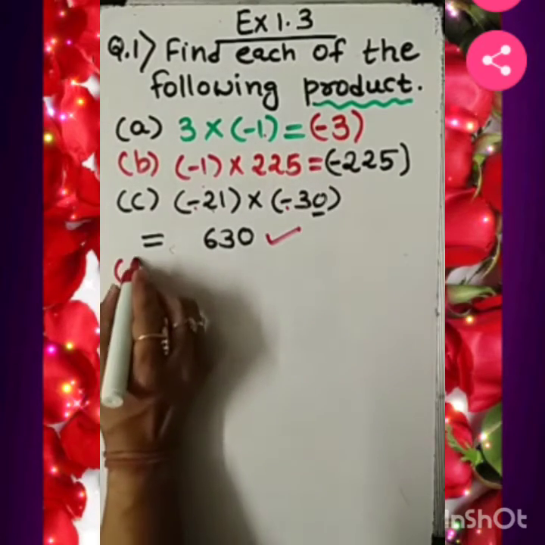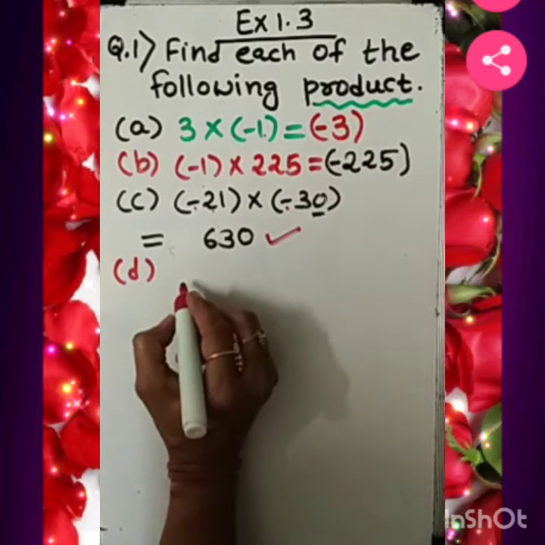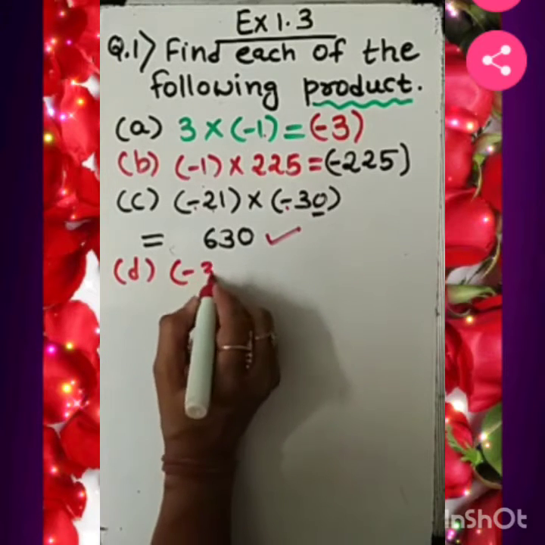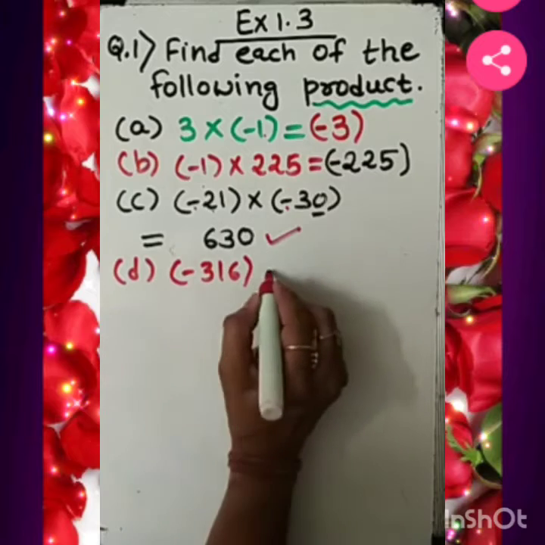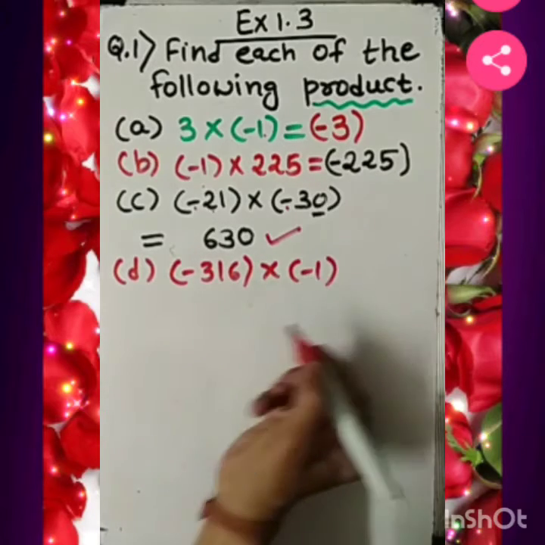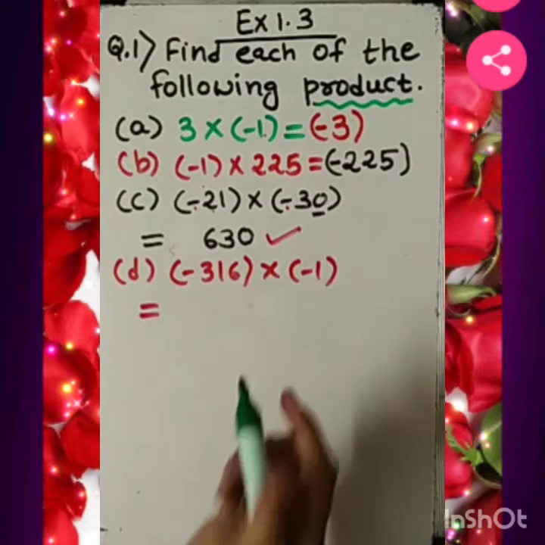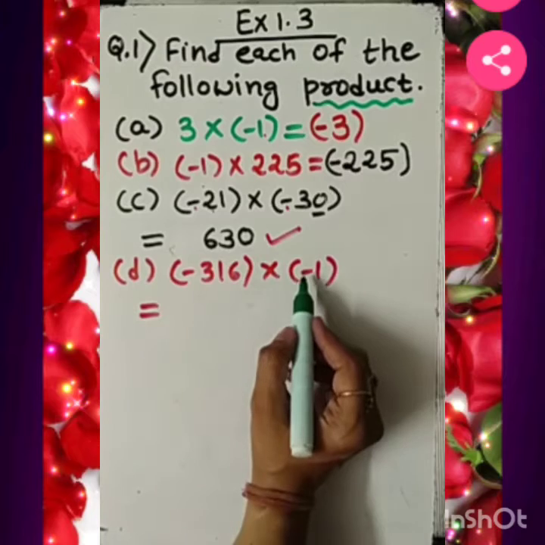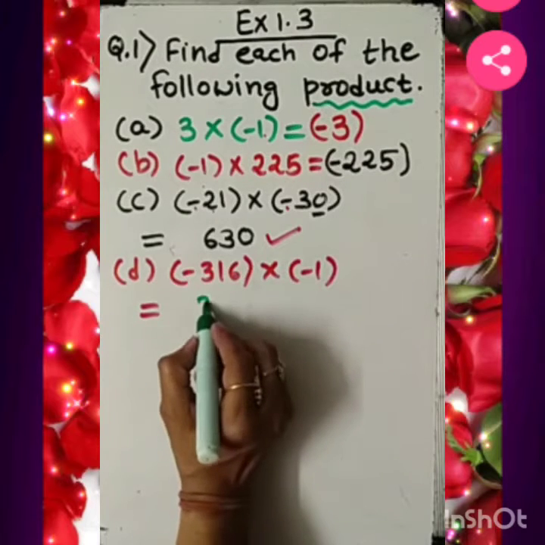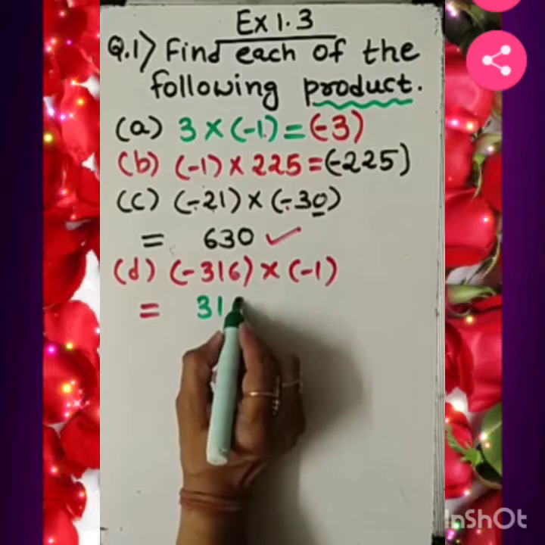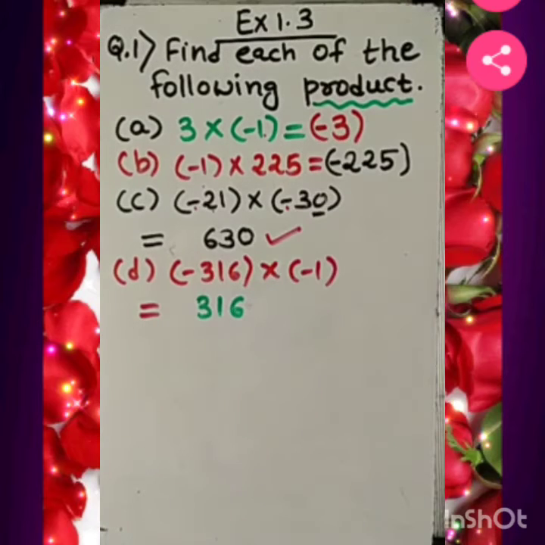Let's move on to the D part. The D part says minus 316 into minus 1. If we multiply 316 by 1, of course multiplying any number by 1 gives the same result.